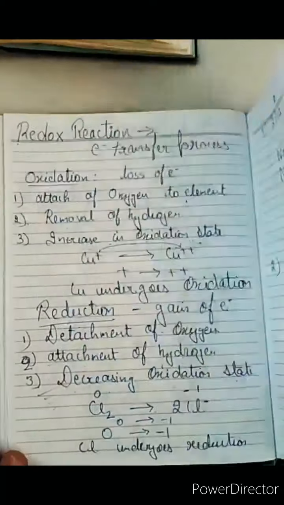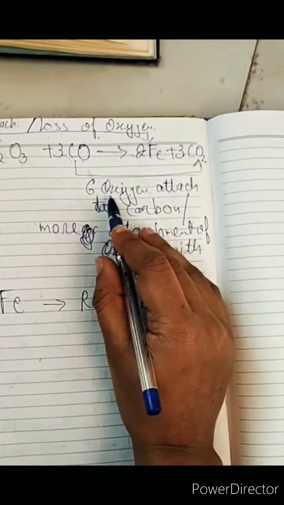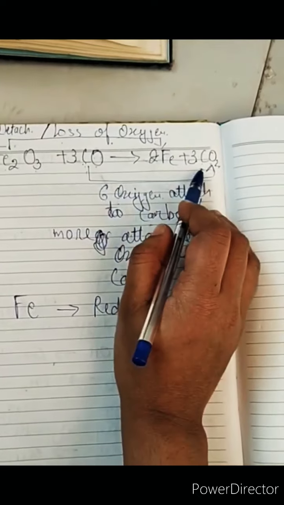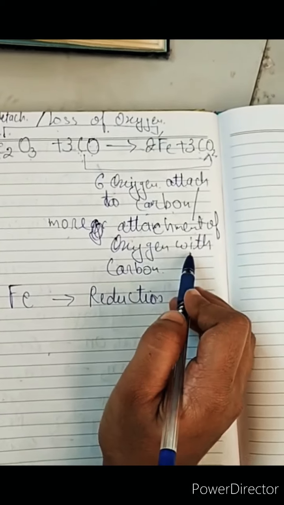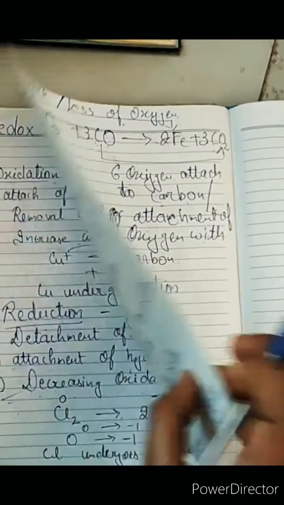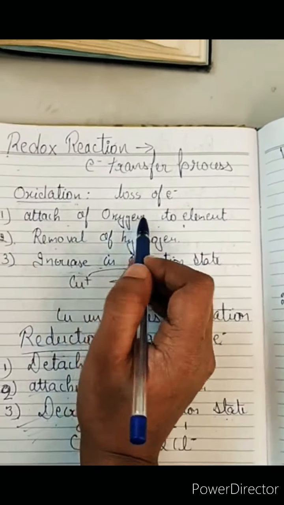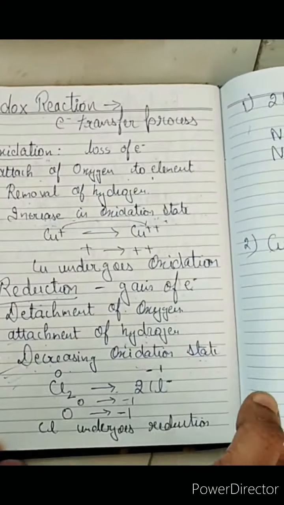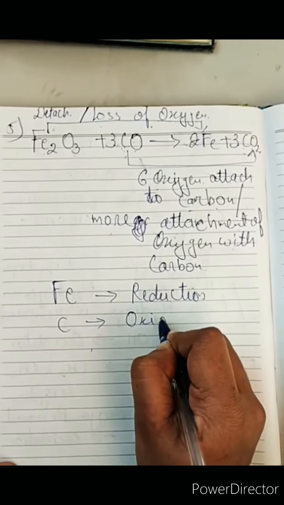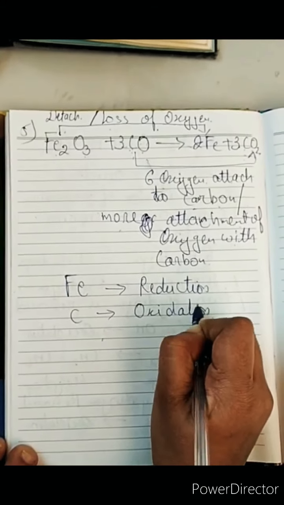And then we have 6 oxygen attached to carbon, means more attachment of oxygen with carbon. Attachment of oxygen to an element means oxidation. So it means gain of oxygen, more attachment of oxygen to carbon, it means carbon undergoes oxidation.